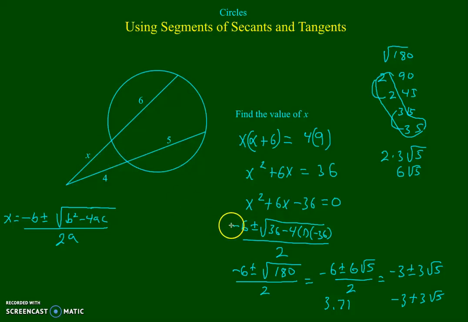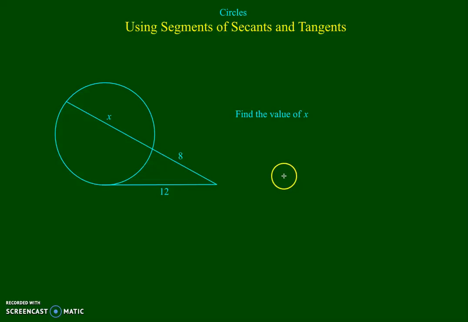Let's look at one more example before we go. Here, we're looking at an example of the segments of secants and tangents. We have a tangent segment here and a secant segment. So the theorem states that the entire secant segment times its external piece equals the square of the tangent segment.